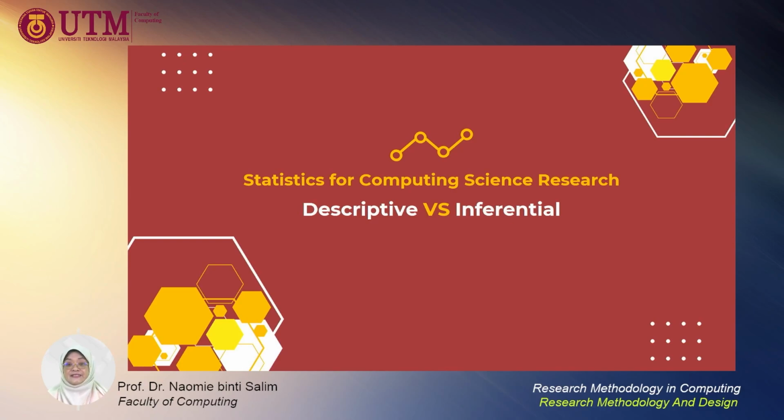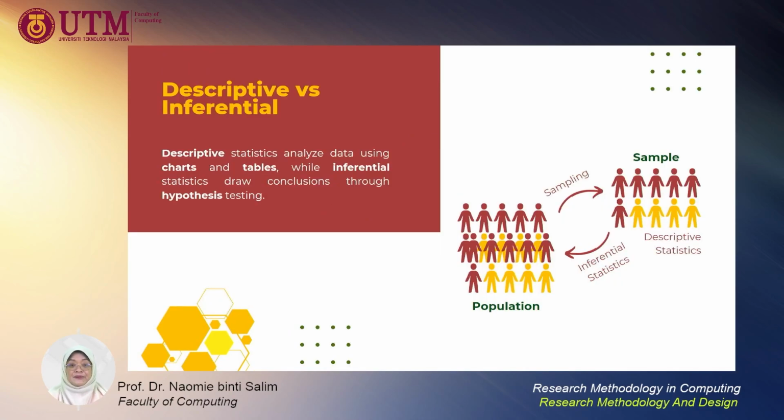In using statistics for computing science research, we can use descriptive statistics or inferential statistics. This is directly related to the statistical features that I've explained earlier. Descriptive statistics analyze data using charts and tables, while inferential statistics draw conclusions through hypothesis testing. For example, you have a population and you have taken a sample from the population.